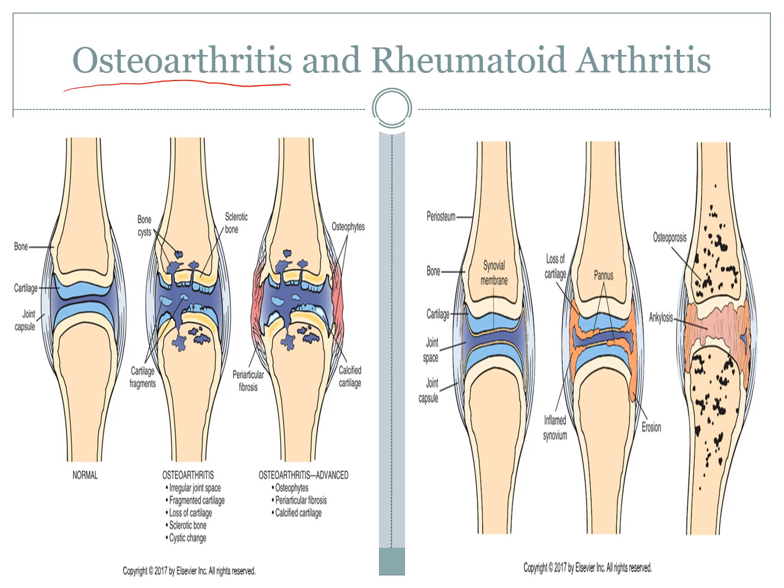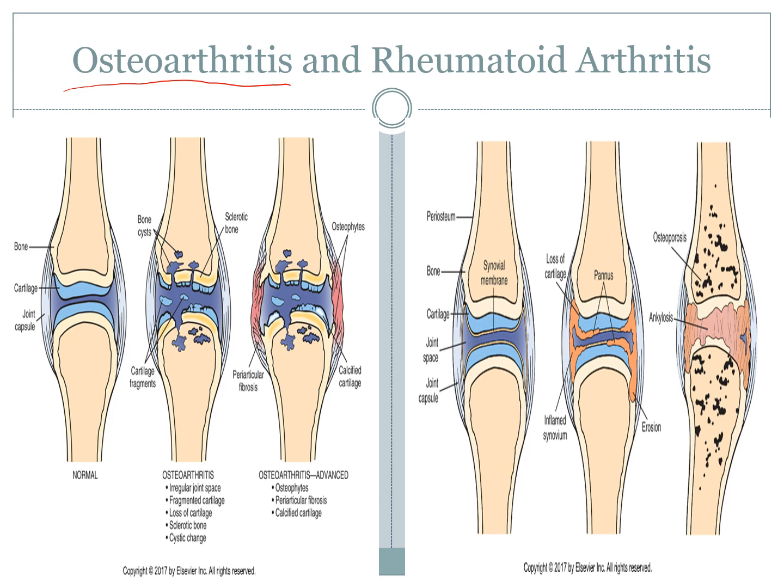So as far as classification goes, we have primary, which again the cause is unknown, and then secondary, which is related to other diseases. For example, old fractures leading to abnormal load bearing within that joint. So weakening of bones means a huge amount of pressure is placed onto those bones themselves.